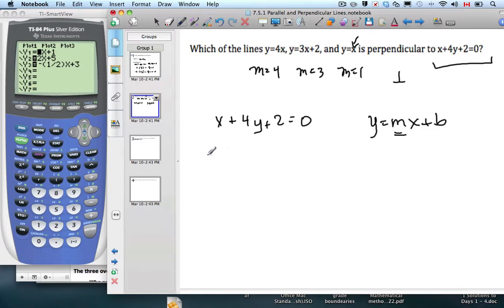Yes. All right. So let's just go ahead and subtract x here. So now I'm left with 4y plus 2. I'm trying to isolate my variable, y equals negative x. And subtract the 2. 4y equals negative x minus 2. Divide by 4.